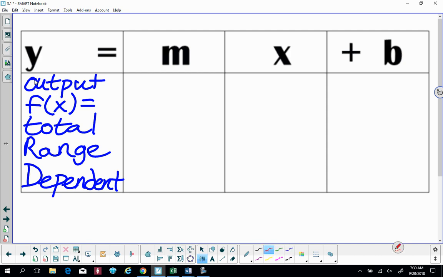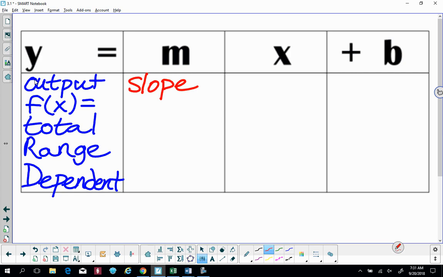Okay? So then the next one we have is m. Can anybody tell me what m represents? Slope. Awesome. m is our slope. So whenever I think of slope, I think of ski slopes or a hill. It's going to be how steep something is. It's going to be that slant.